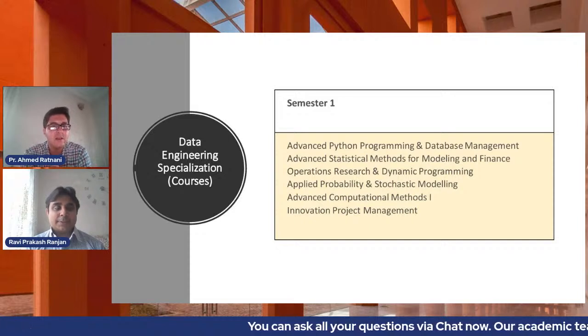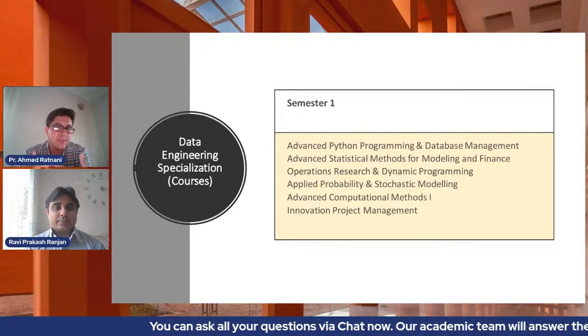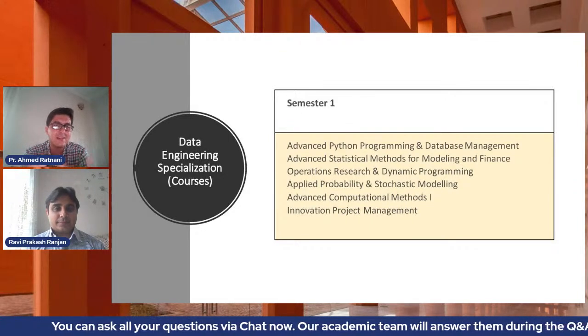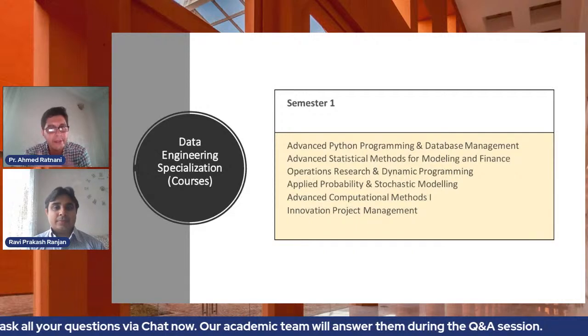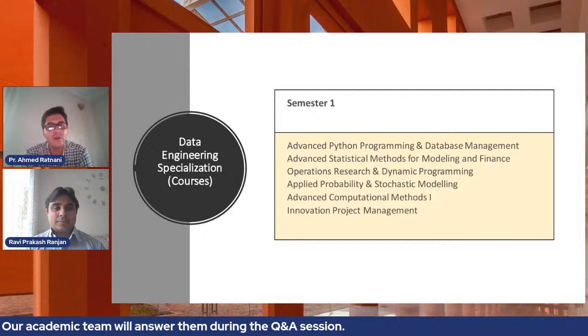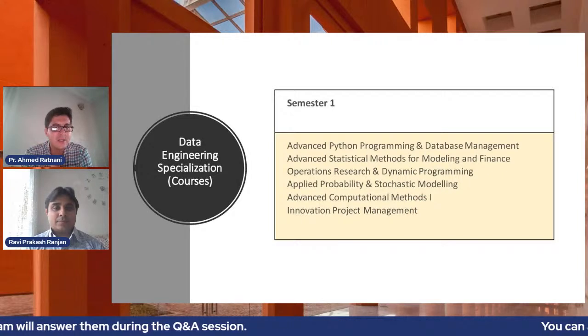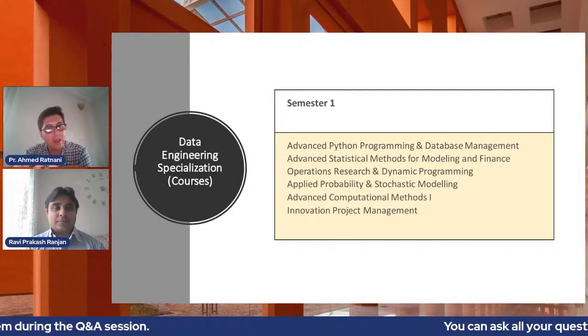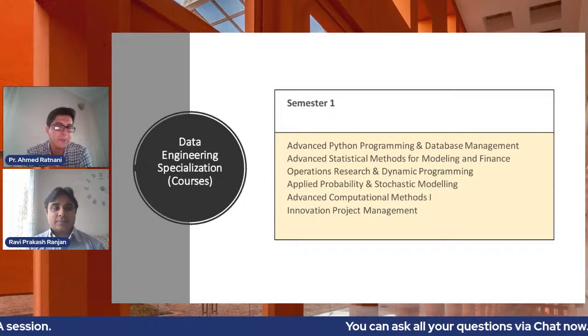Then comes the part on the statistical tools and the statistical methods for modeling in general, and then in finance in particular. And again, we assume that the students have at least a given level in statistics.